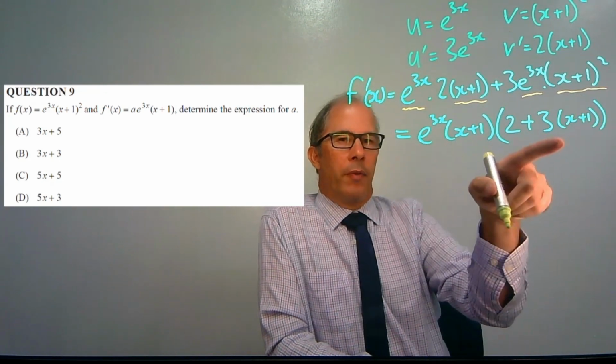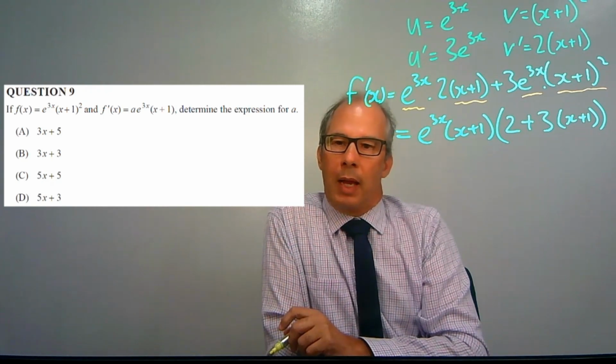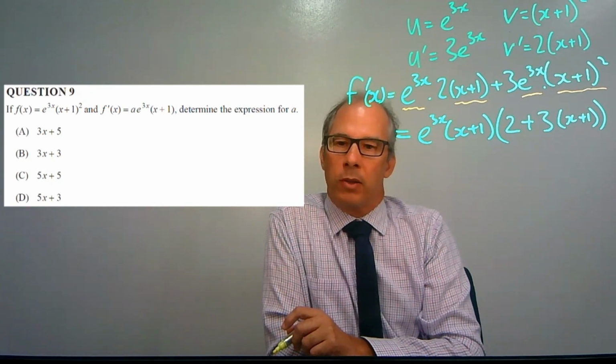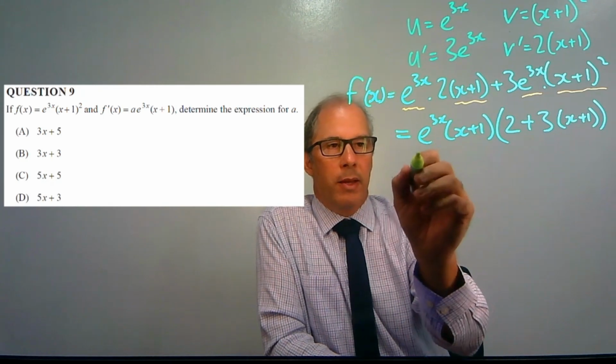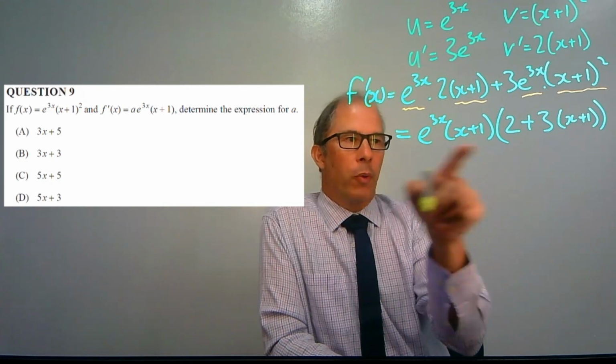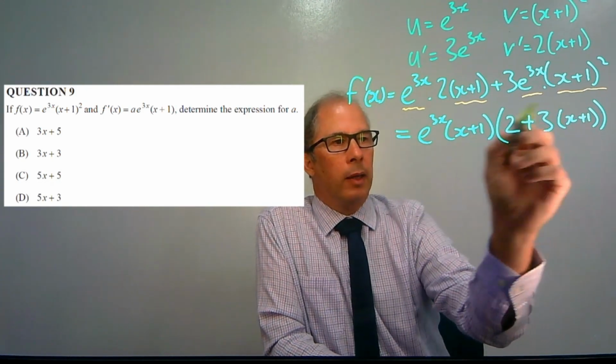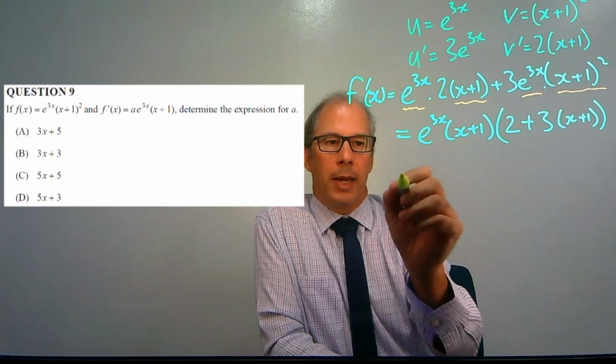So that doesn't really look like it's in the form that we wanted, which is a e to the 3x outside of x plus 1. But I'm happy that I've got an e to the 3x and an x plus 1 here, so I think I'm on the right track. And if I rearrange it, I reckon that this part here would be my a.